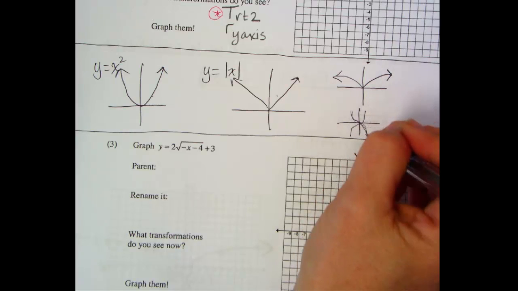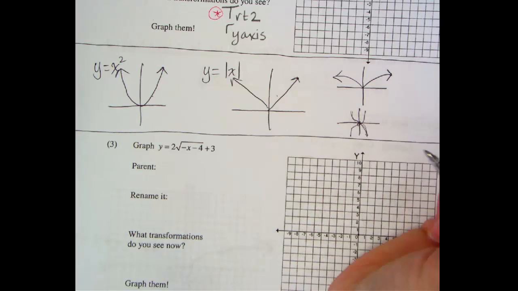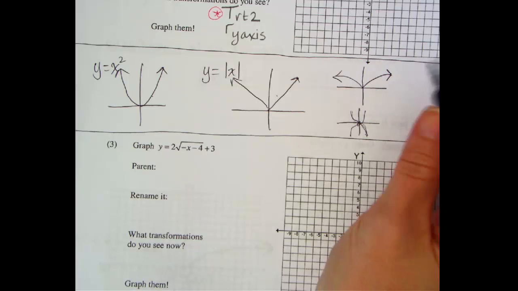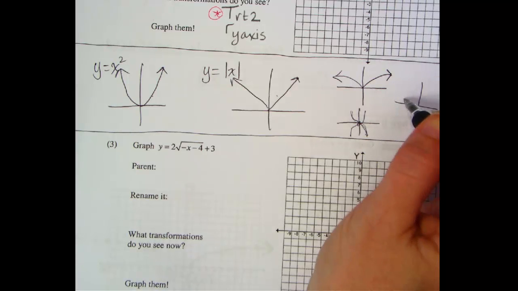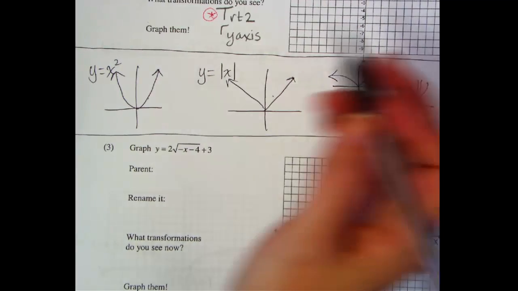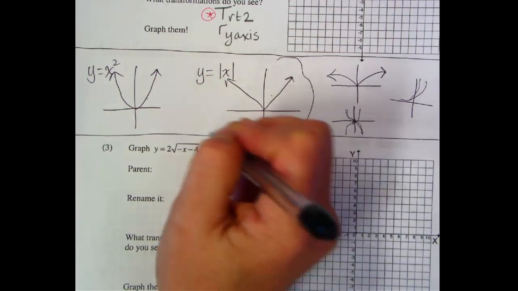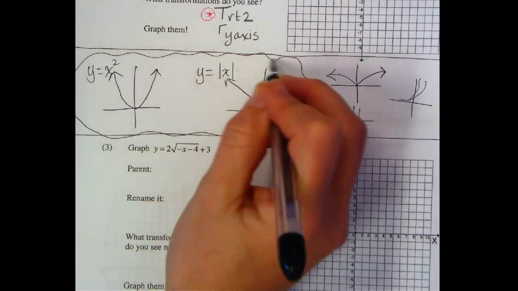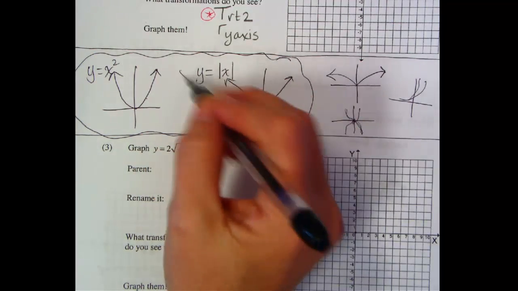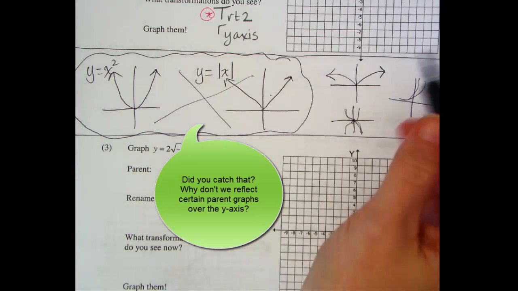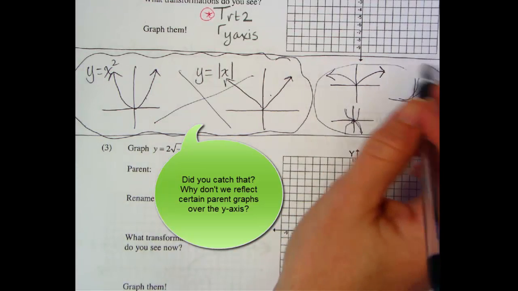Again, it ends up getting a little redundant because it has points of symmetry. And any of our exponential graphs, 2 to the x, 3 to the x, and things like that. So, point is this. If you have symmetry in your parent graph with respect to the y-axis, we won't be reflecting over y. It's redundant. If we don't, then we can practice with it.